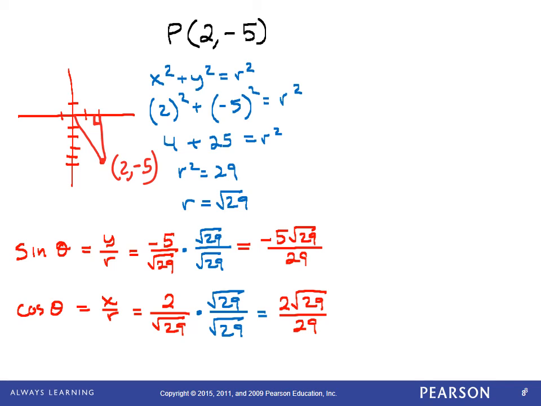The r value is the square root of 29, and just like on the example problem, we got to do a little bit more extra work here. So I'm going to multiply both top and bottom by the square root of 29. And how about -5 square root of 29 over 29 itself? And again, we got to do this 5 more times, so all the different ratios here.